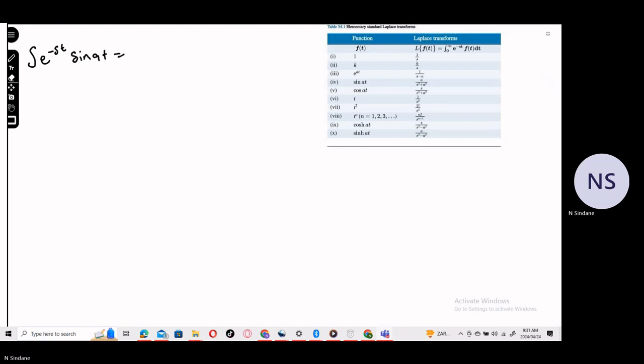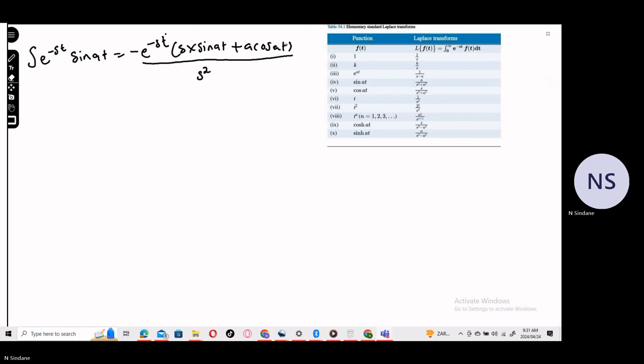This is equal to negative e to the power negative st, into s multiplied by sine of at plus a cos of at, divided by s squared.